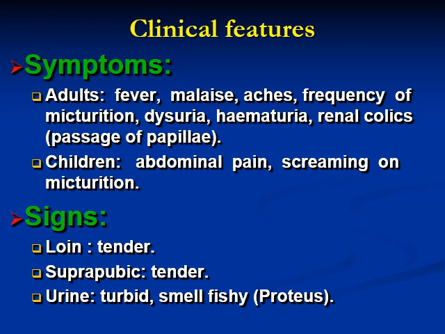There is discomfort during micturition, hematuria, and the patient might develop renal colics due to the passage of the papilla. In children, there is abdominal pains and screaming on micturition. The signs include tenderness in the loin and suprapubic, and the urine is turbid and smells fishy.